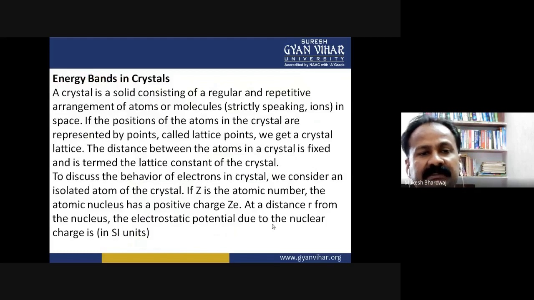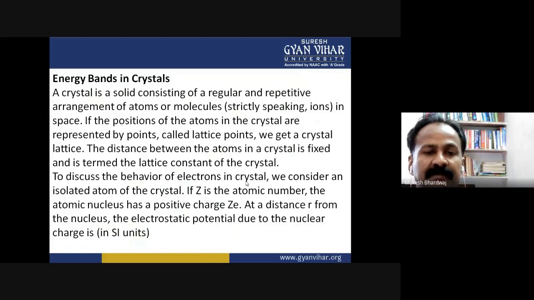Energy bands in crystal. A crystal is a solid consisting of regular and repetitive arrangements of atoms or molecules. If the positions of the atoms in the crystal are represented by points called lattice points, we get a crystal lattice. The distance between the atoms in the crystal is fixed and is termed the lattice constant of the crystal.